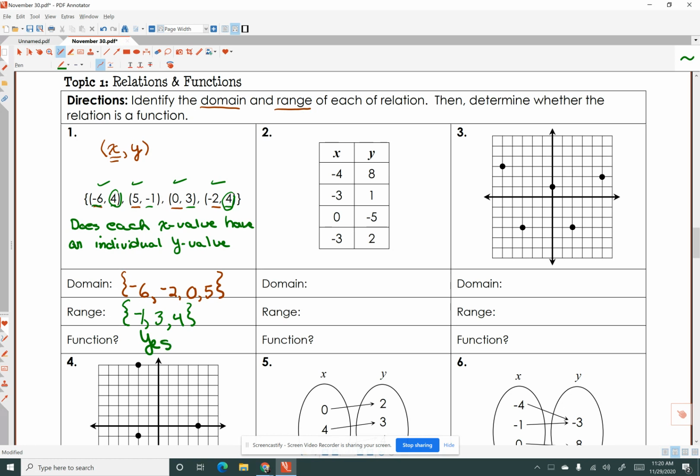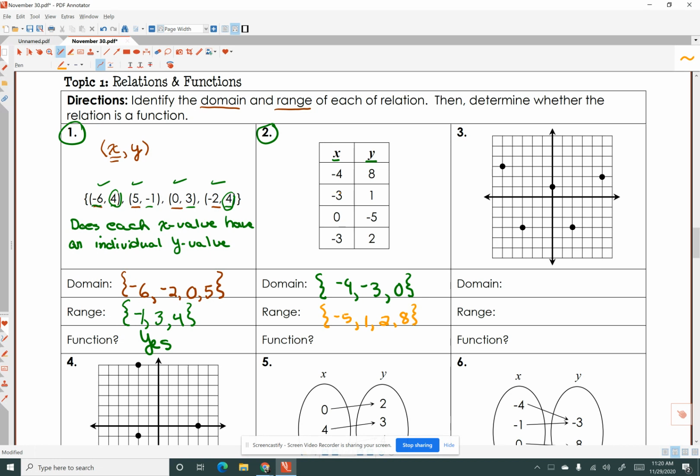So now we have, instead of a set of ordered pairs like we had in number 1 and number 2, we're given a table with our x and our y values. Again, the domain, -4, -3, 0, and then the range, -5, 1, 2, and 8.